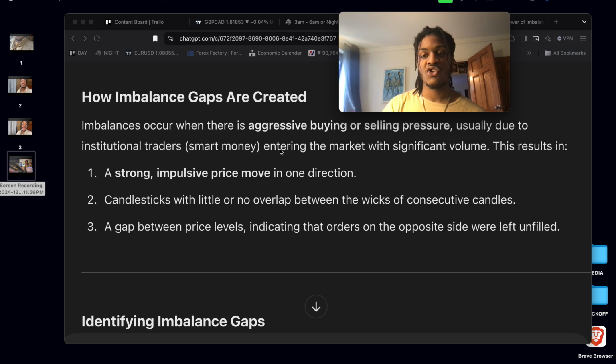The way you can see the footprints in the market when smart money is in the market is when they leave significant volume. Like if there's a forex news event, and this is why I tell you guys I trade news. Whenever there's a forex news event that's medium or high volatility, there will be a significant increase in volume in the market, and that would cause demand or supply.